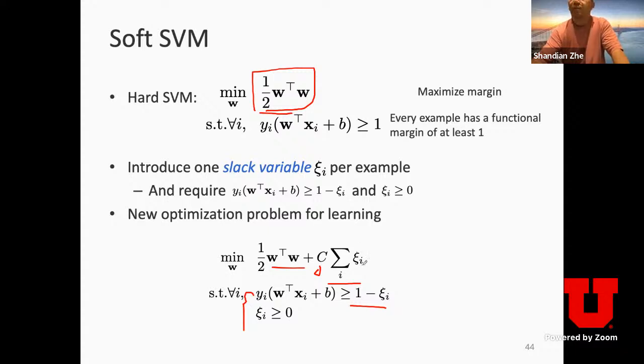What's the meaning of doing this? Why not just erase this term and keep the same objective as in hard SVM? Any thoughts?